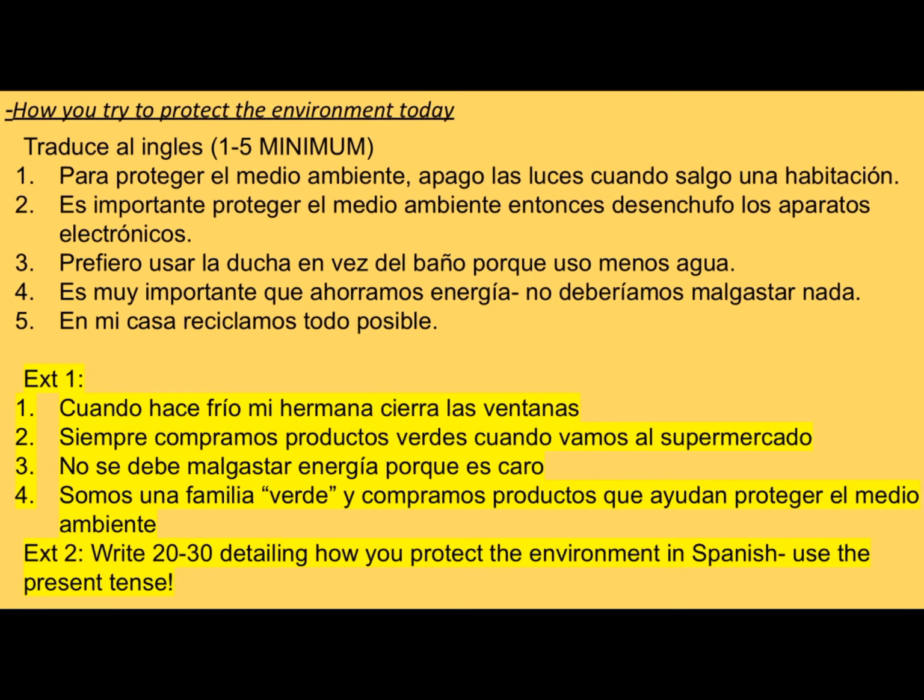You've got some harder translations, extension 1, and then you've got extension 2. Write 20 to 30 words detailing how you protect the environment in Spanish using the present tense. So these phrases, where we just looked at how you used to protect the environment in the past, this is the present tense now. So switching between the two, trying to include as many tenses in our writing as we can. So I want you to pause the video now and just have a go at working through those.